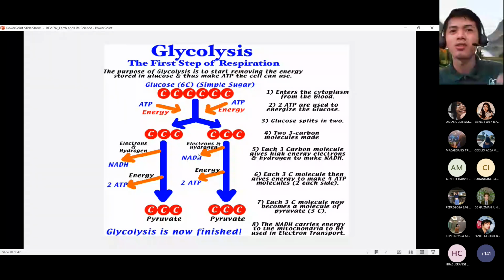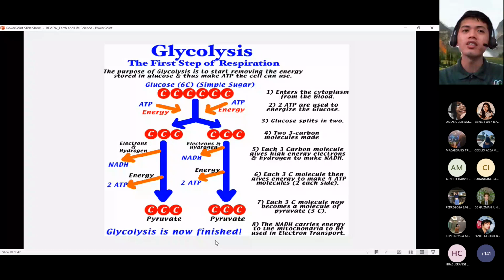We will just highlight those basic information. Now, as you can see here, for every three carbon molecule, we can create one pyruvate molecule, one NADH. We also have two ATP. So those are the products of glycolysis.